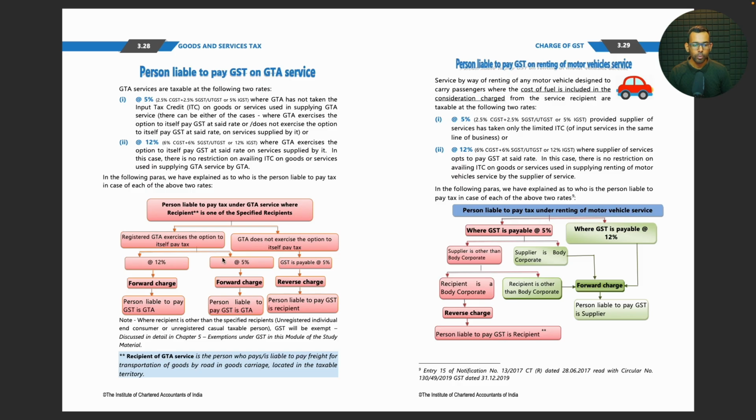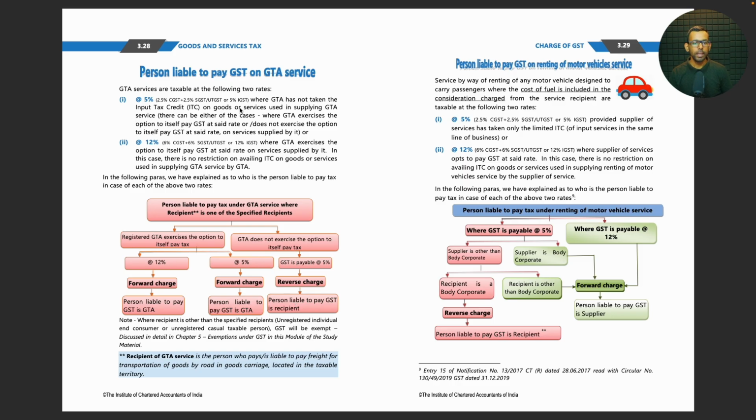But if you choose the 5% rate, and you voluntarily say that I will file the GST myself, pay the GST myself, then you can still go for forward charge, but it will be charged at 5%. The last option is that the GTA specifically chooses that it doesn't file GST and all. Then in that situation, reverse charge will apply.